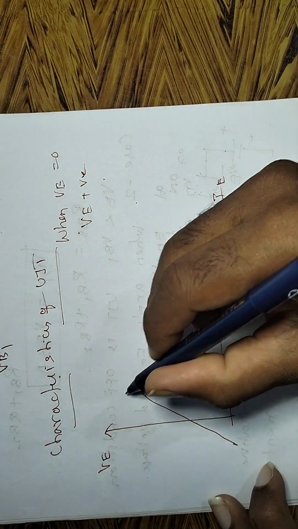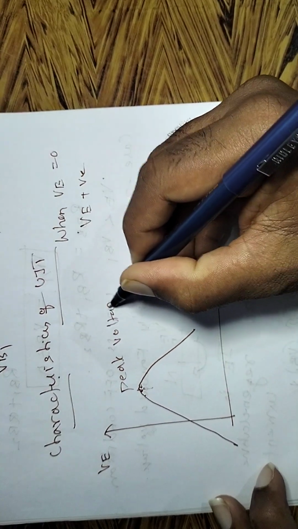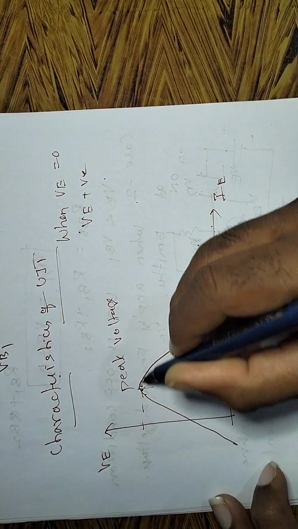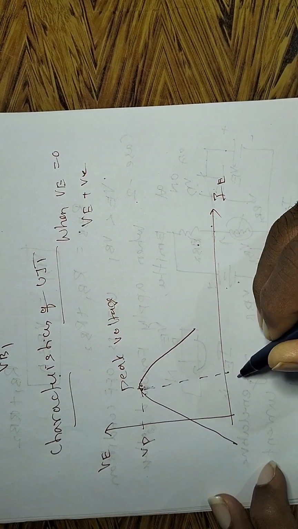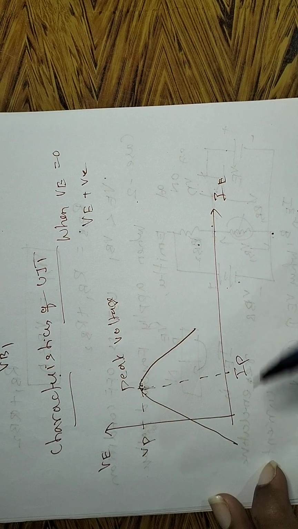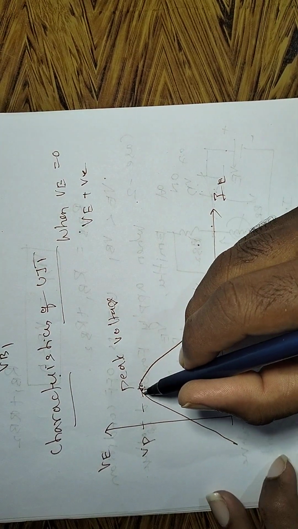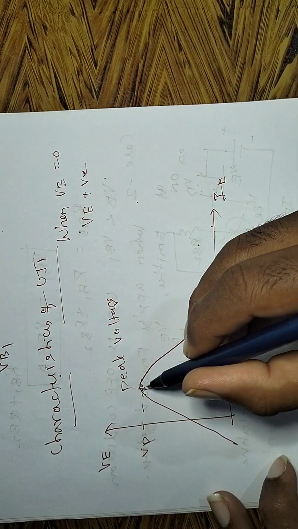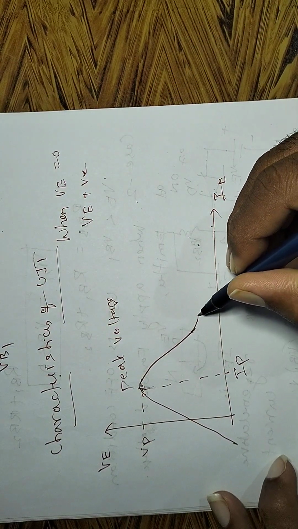This is the peak voltage, that is VP, and this point is IP. Then when the emitter voltage increases, the current increases like this.